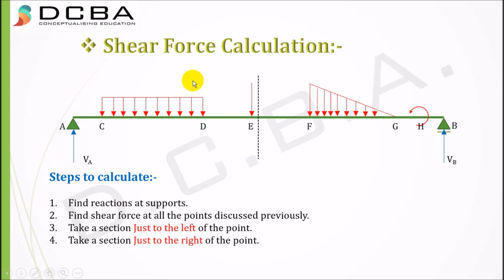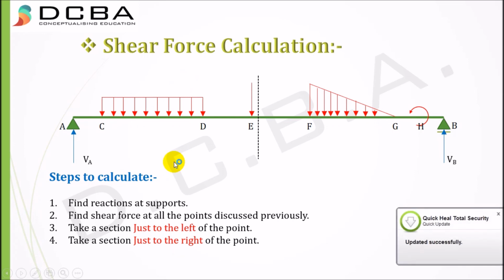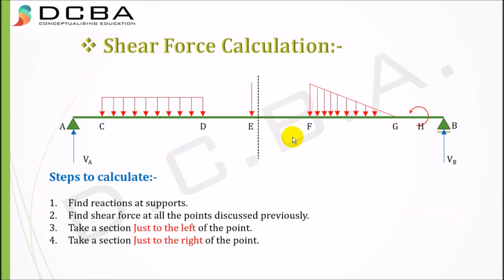The resultant might come down, or it might stay up as well. If my resultant comes down, that is the left portion of the beam is going down, this means my shear force is negative, because left down is negative, left up is positive. Similarly, you can also sum up the forces on the right, and if the resultant is upwards, then right up is negative, right down is positive. I hope you got this.